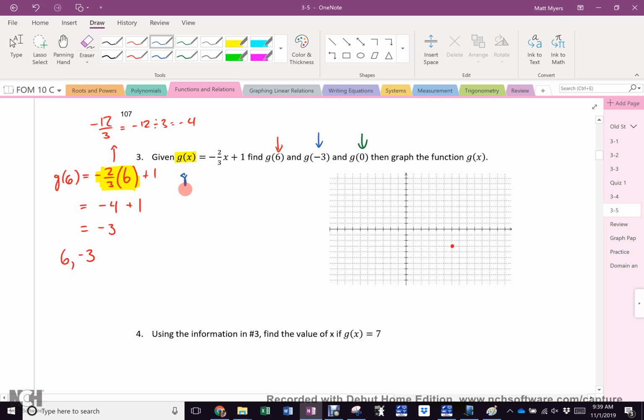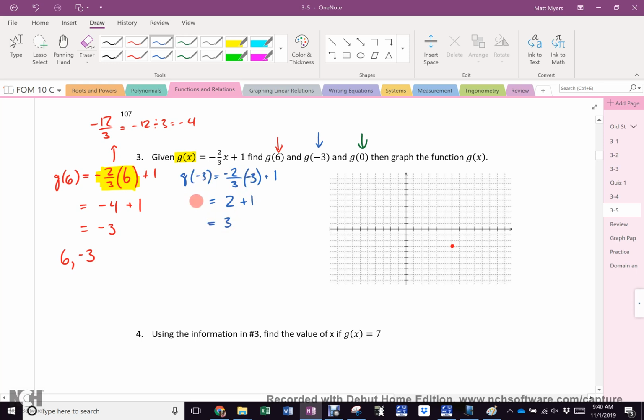Now let's use blue. I don't want the g of x anymore. What do I want the g of? Negative 3. So it becomes negative 2 over 3 times negative 3 plus 1. What does this become? Positive 2 plus 1, because the 3's cancel, and a negative times a negative is a positive, which gets me 3.